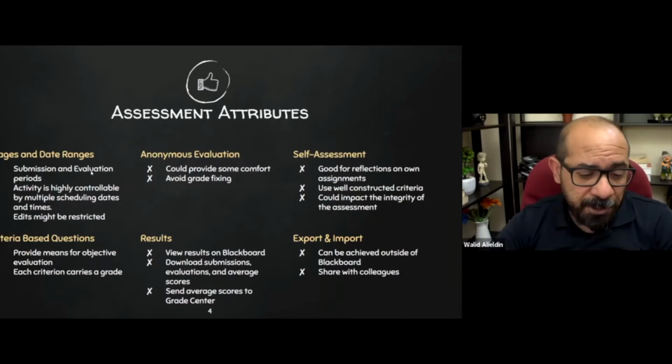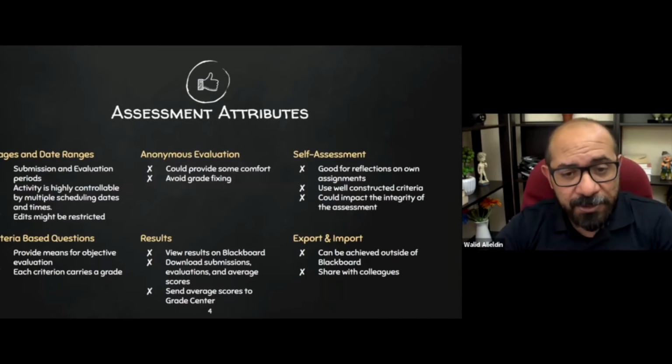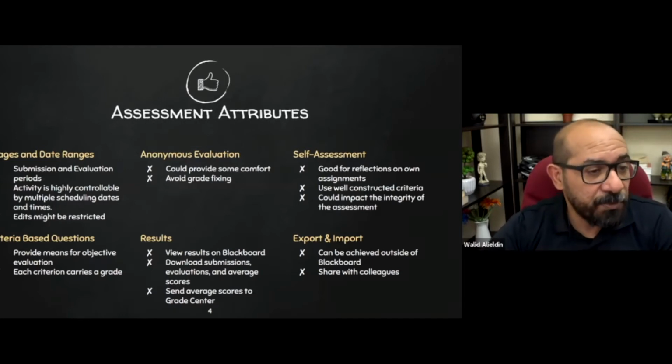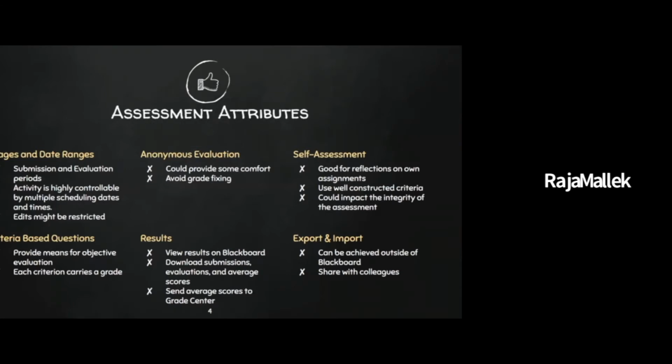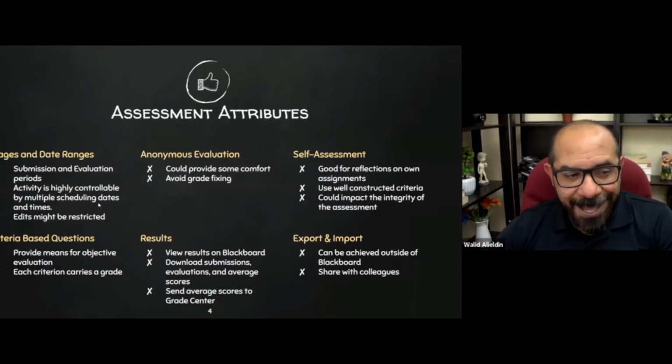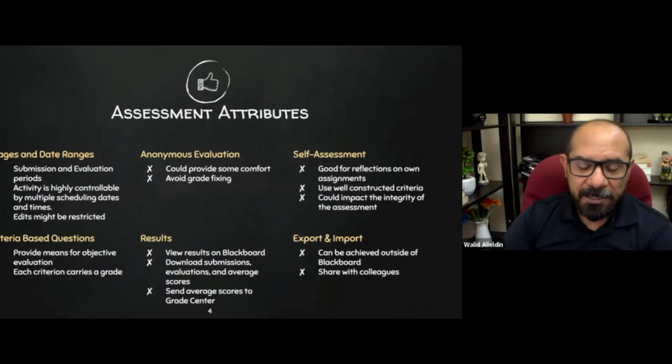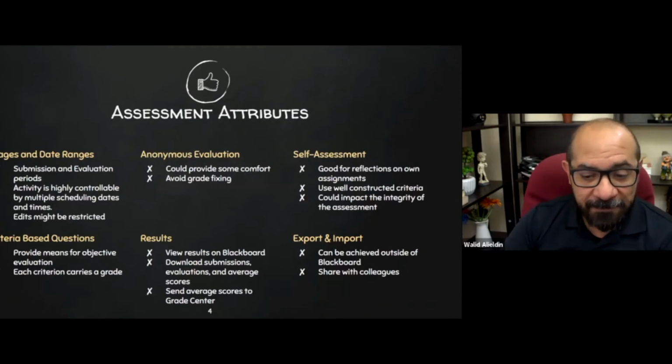In the submission period, students will provide answers for the questions you have in the assignment. Then the submission period ends, and the evaluation period comes, where students will have to evaluate each other. Also notice that this activity is highly controllable by multiple scheduling dates. Sometimes, editing the activity itself while it's underway is restrictive.